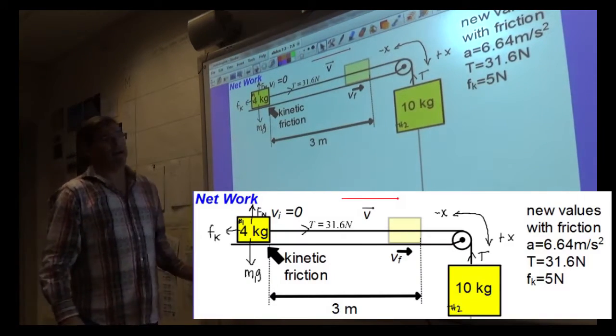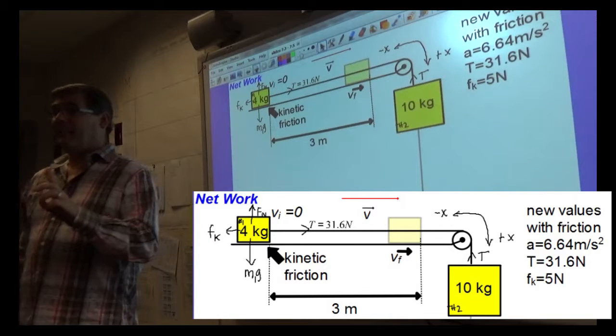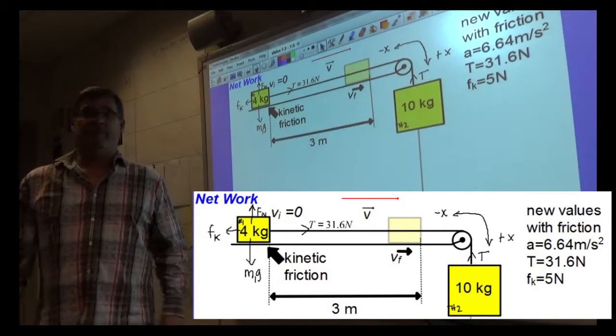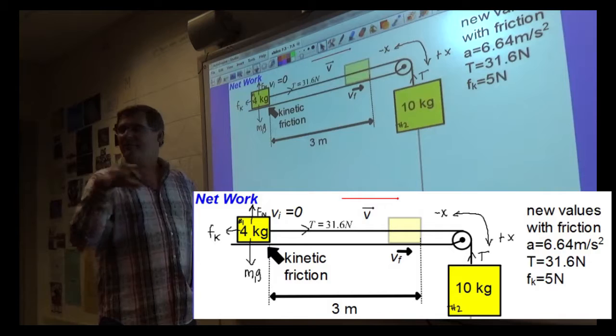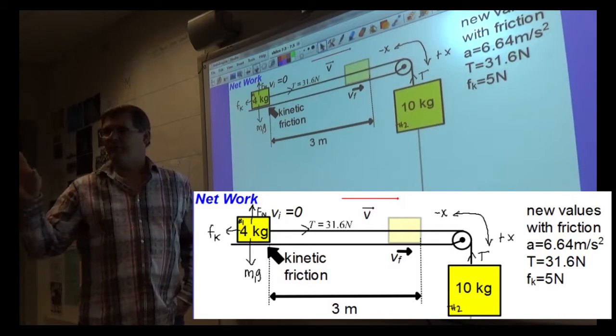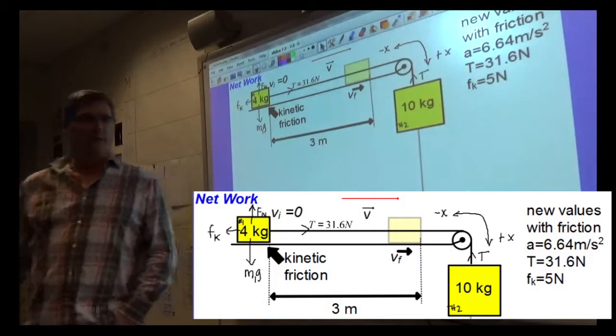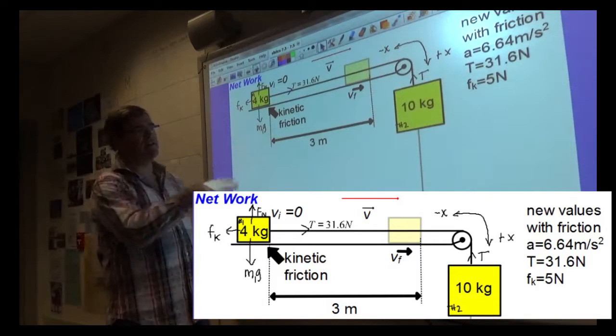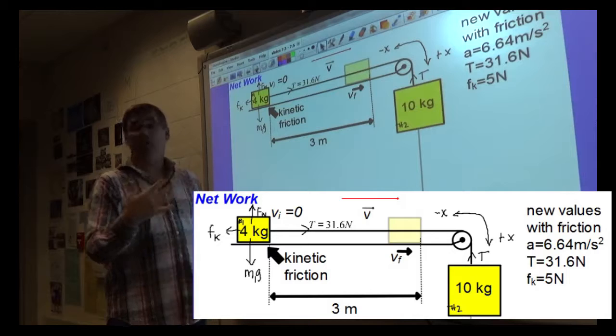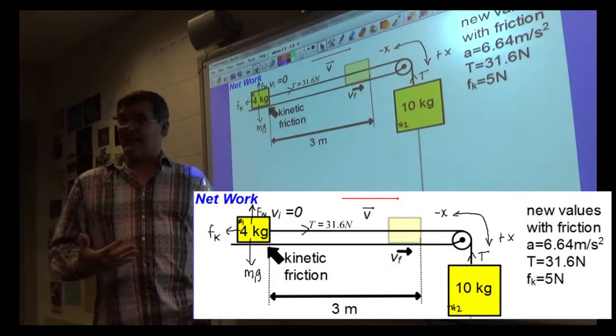Okay, let's look at our same example, but this time let's include friction. I didn't bother saying the coefficient of friction, and you have to figure it out. I just flat out tell you there's 5 newtons of kinetic friction. So if you redo the calculations, I don't show it here, before our acceleration was 7 meters per second squared.